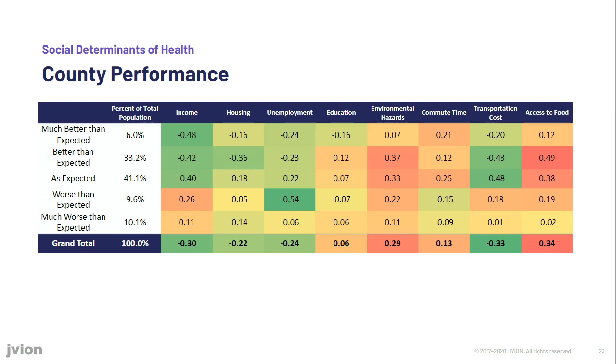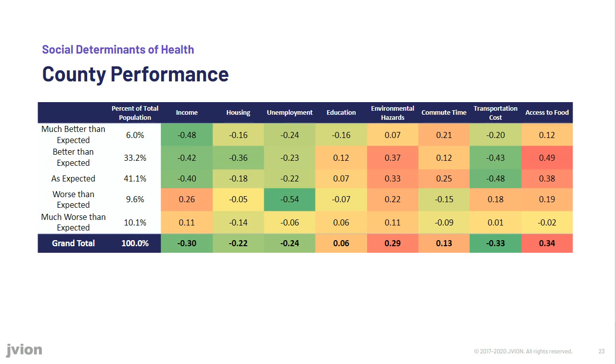This analysis allowed us to really understand what was driving the poor performance of some counties relative to their vulnerability. And you can see that the counties that were performing poorly, 1 here is worse, -1 here is most helpful. So red is bad, green is good.